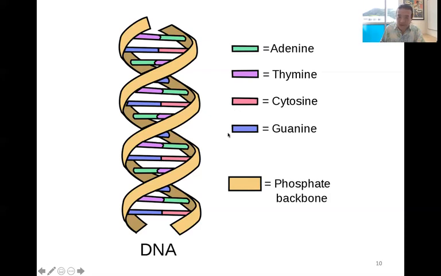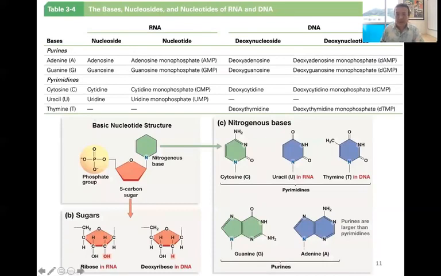And that's attached to a sugar group, which is not pictured in this cartoon here, but those in turn are attached to a phosphate group. And it's the phosphate group that's crucial for linking the monomers together to form a polymer chain. Okay.